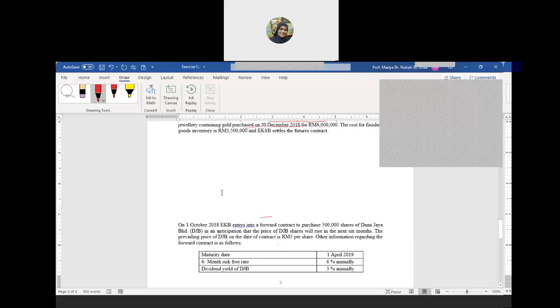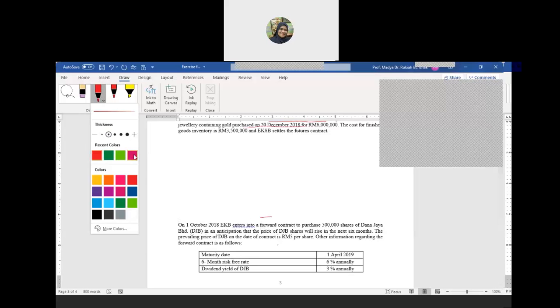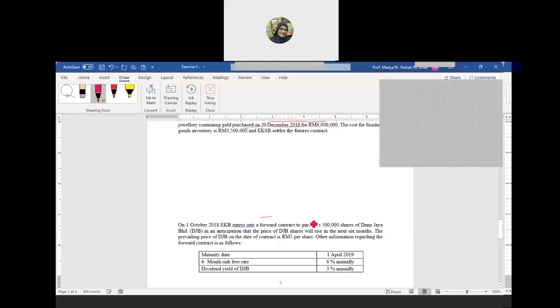Maybe the question asks you to calculate the forward price only, because it says that you enter a forward contract to purchase 500,000 shares of Dana Jaya Berhad, in anticipation that the price of DJB is going to rise over the next 6 months. The prevailing price of DJB on the date of the contract is RM5 per share. So this is the information that you have.